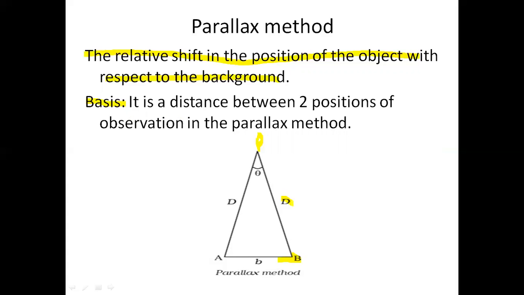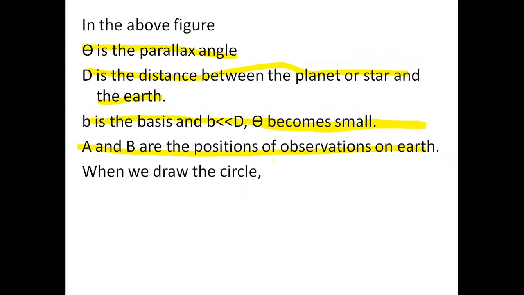And here, what I am finding in this parallax method is the distance between the earth and the planet, or earth and the star. So capital D becomes radius when I assume that P is the center of the circle. If I draw the circle by assuming P as the center, then the small letter B, basis, is known as the arc length, and the capital letter D, the distance between the earth and the planet or earth and the star, becomes the radius.